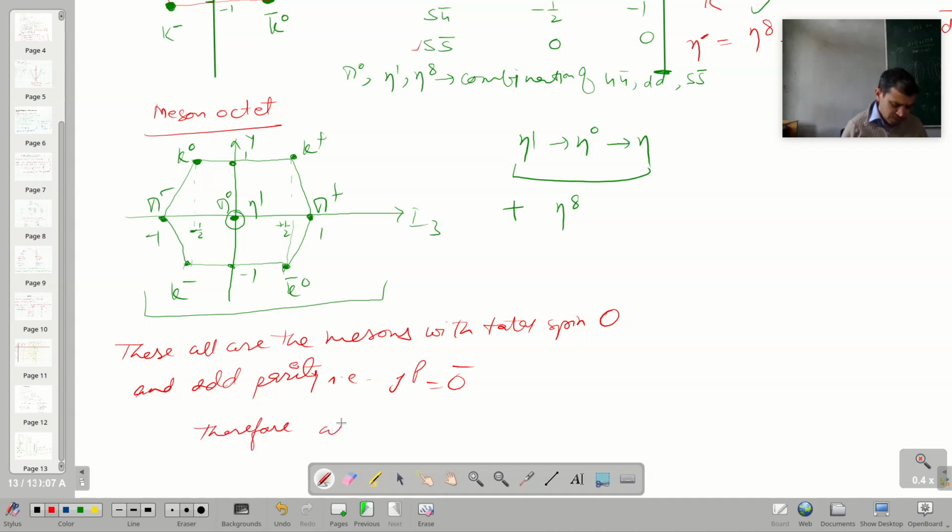Therefore these are pseudoscalar mesons.